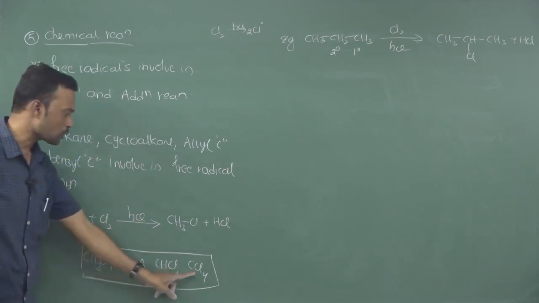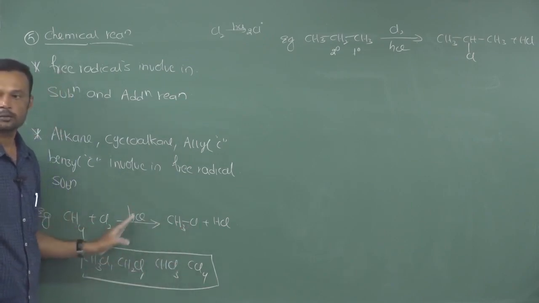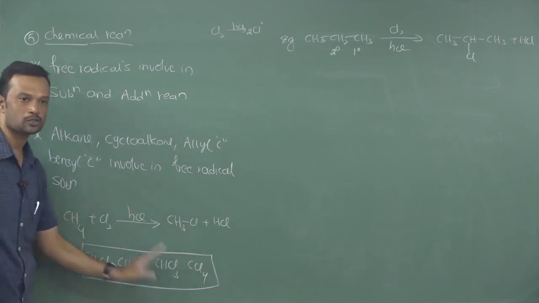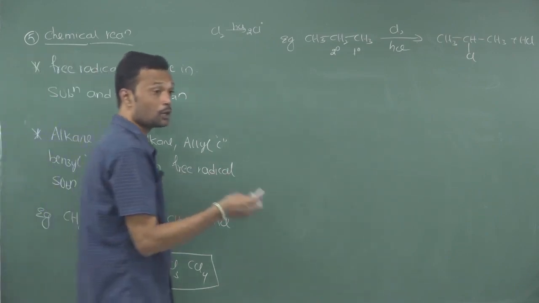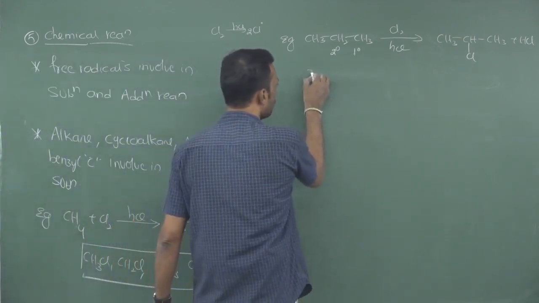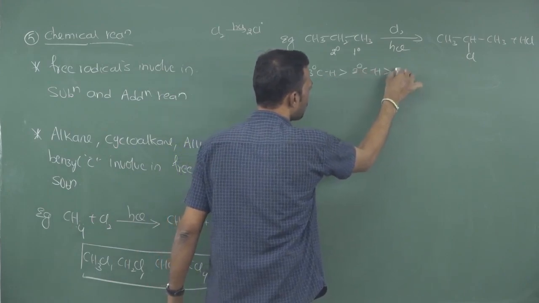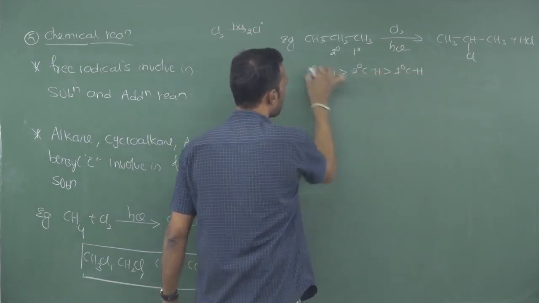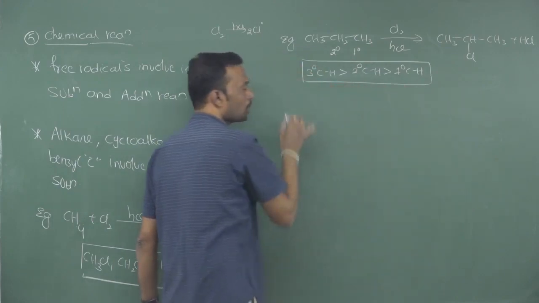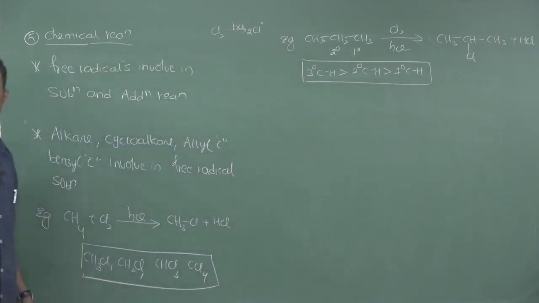The formation of these products completely depends upon termination of the reaction, so you may expect all products here. Suppose different carbon hydrogens compete; always remember a tertiary carbon hydrogen is more reactive than a secondary carbon hydrogen, followed by a primary carbon hydrogen. It is the reactivity order for a free radical substitution reaction. Clear?